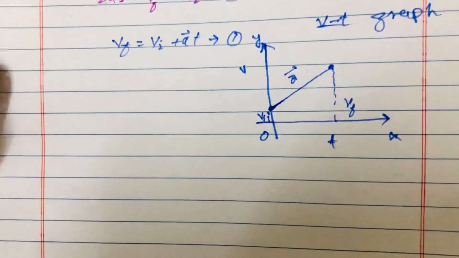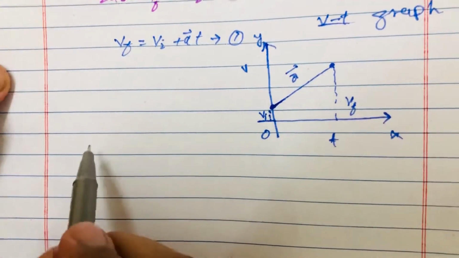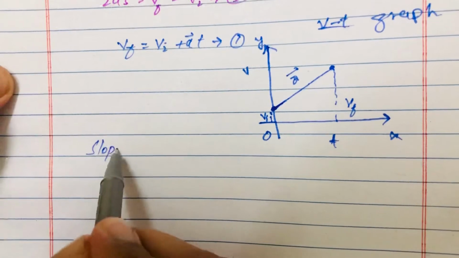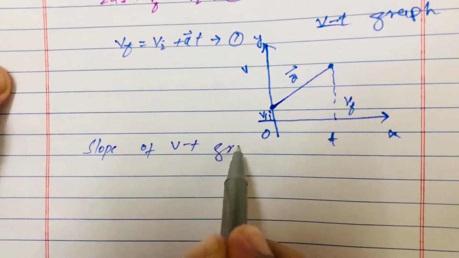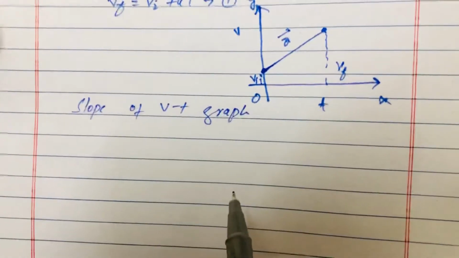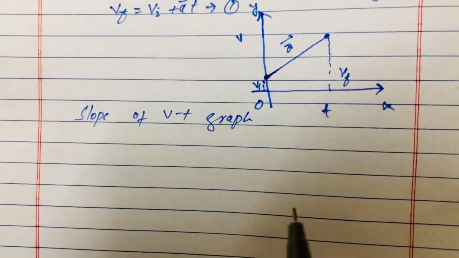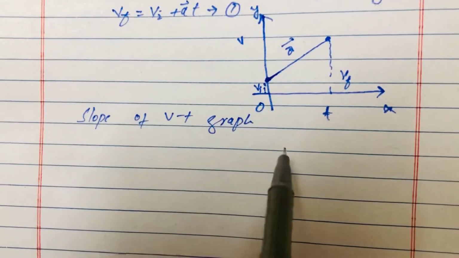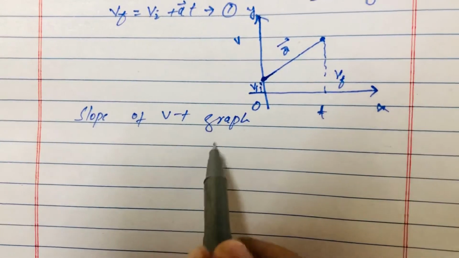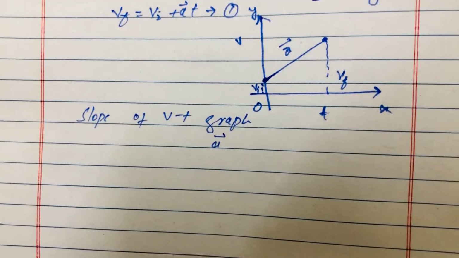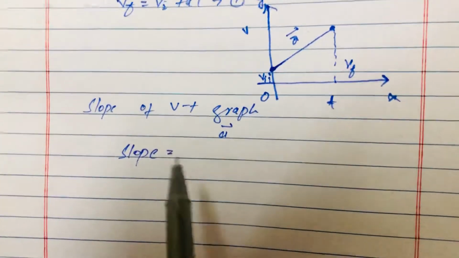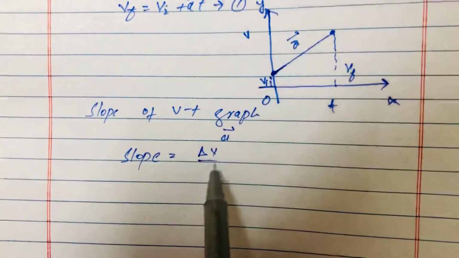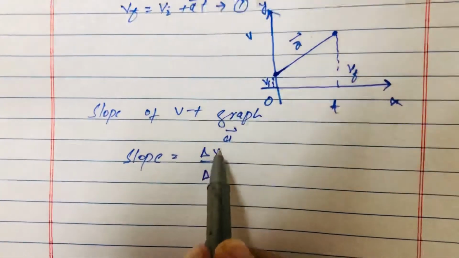Now from the slope of the VT graph, as I mentioned earlier, the slope of the VT graph is acceleration. So slope is given as delta y by delta x.